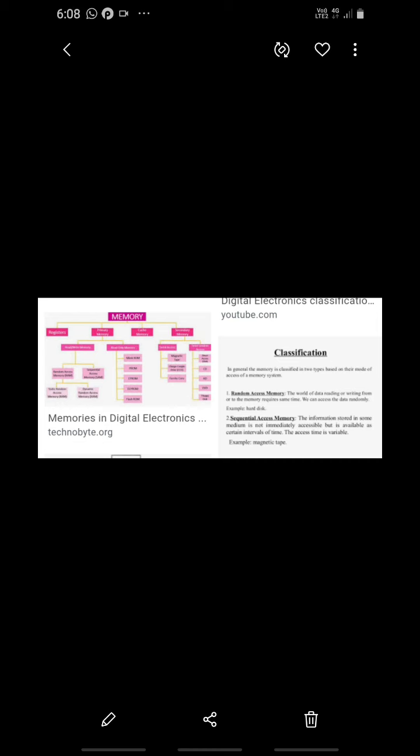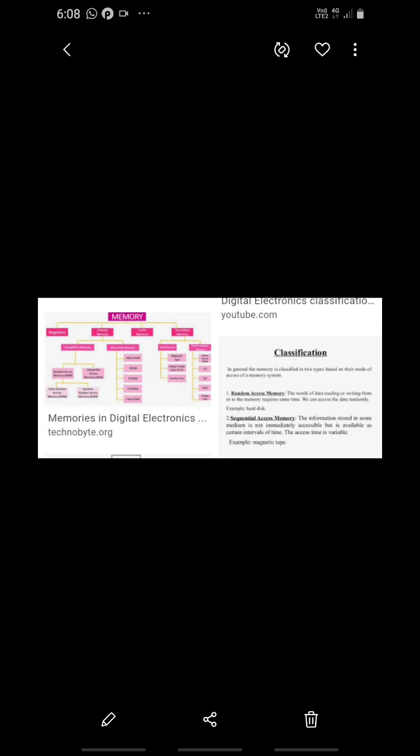Read only memory: the data stored can be read from but not written into. We can only read from this memory and not write into it.